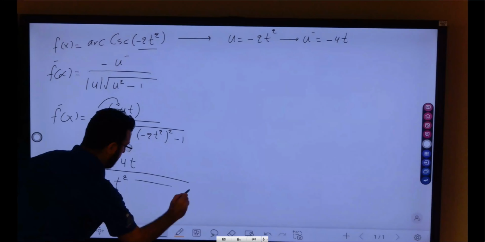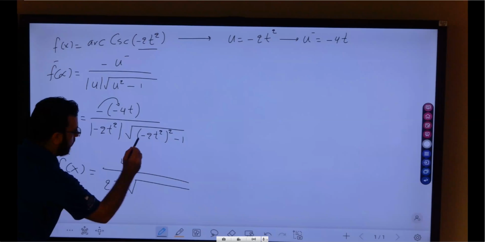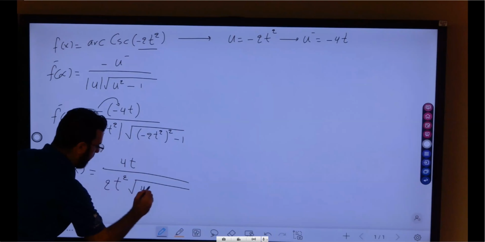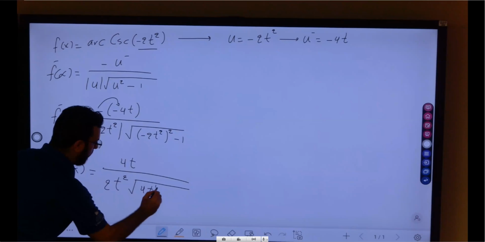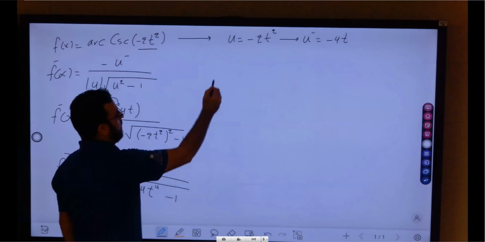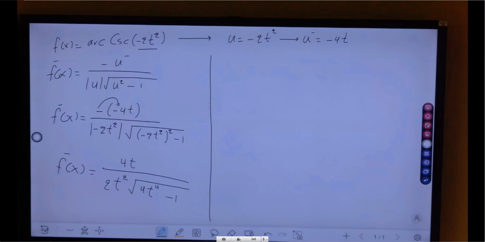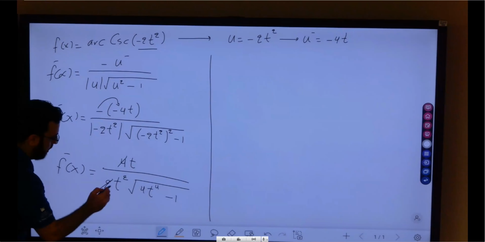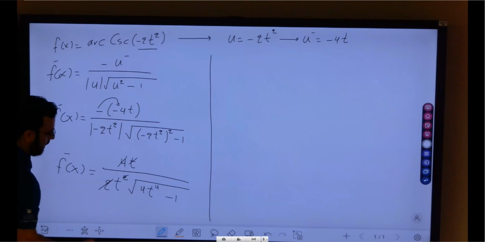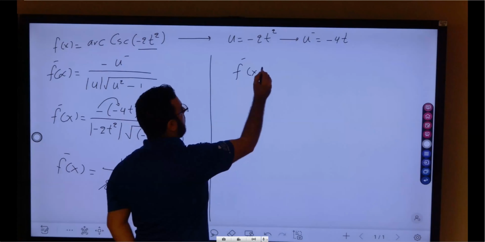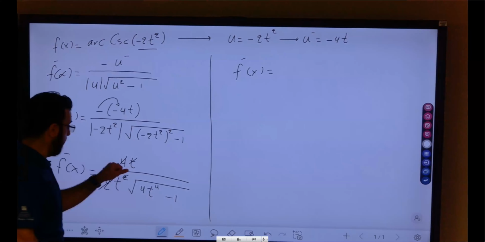Simplify this part, which now becomes 4t to the fourth. That's a step. With t, the one t is left. And for 4, we can divide, so the left is 2.